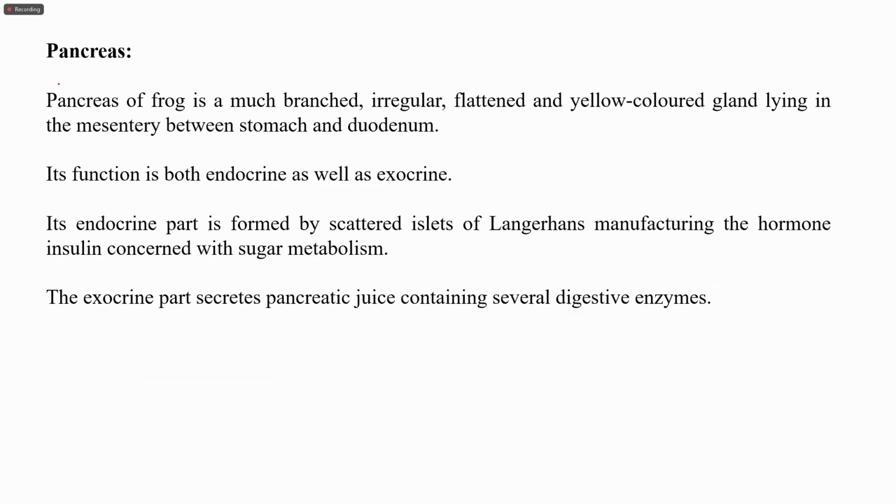The next digestive gland is the pancreas. So pancreas of a frog is a much branched, irregular, flattened, and yellow colored gland lying in the mesentery between the stomach and the duodenum. It functions as both an endocrine gland as well as an exocrine gland, that is, endocrine glands secrete their products directly into the blood, while exocrine glands secrete their product into ducts.